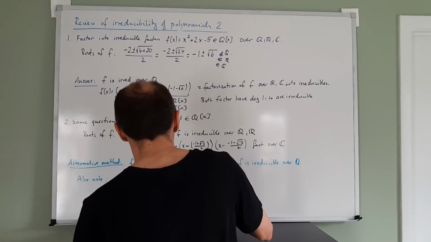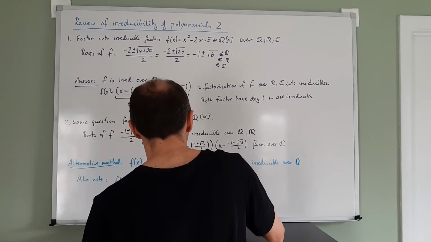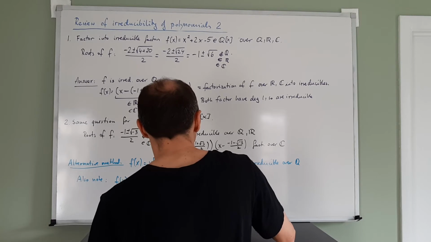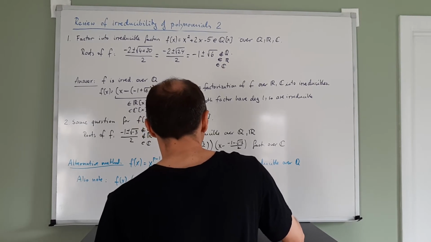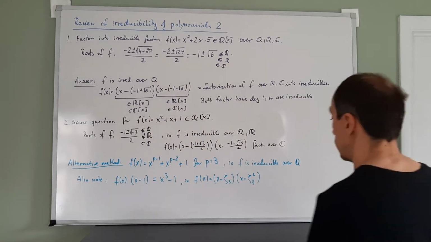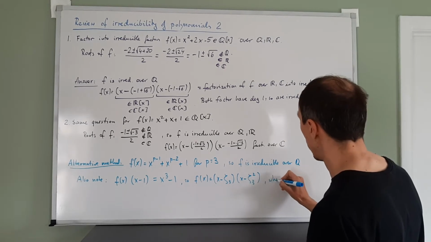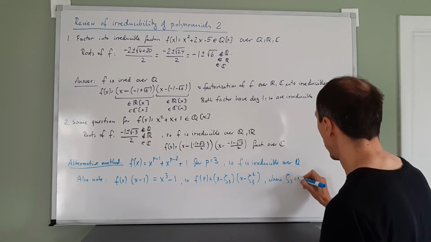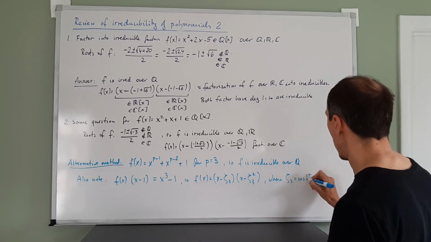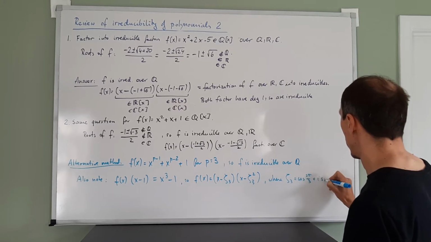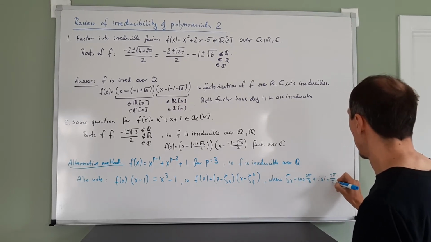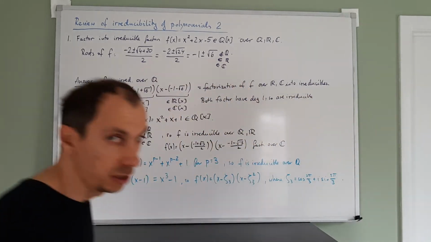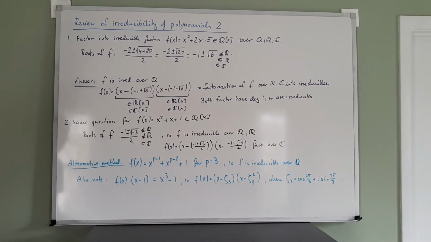So f of x factors in this way, where zeta 3 is cosine 2 pi over 3 plus i sine 2 pi over 3.